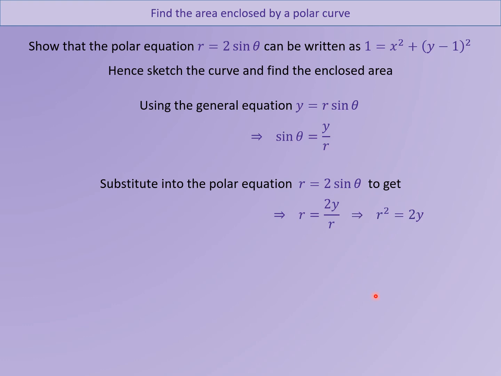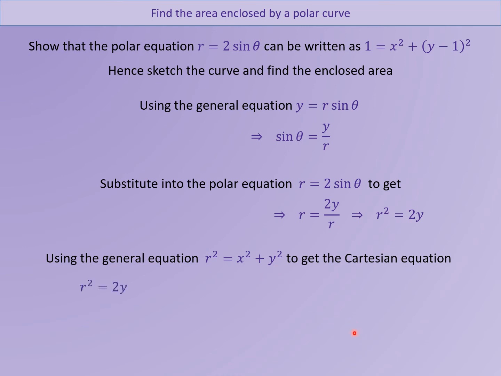I get r squared equals 2y. So that's what I could get in that side. And then from there, I know that r squared as well is x squared plus y squared. So because it's x squared plus y squared, I can replace this side for x squared plus y squared. And so then I could just rearrange this, and I'm going to get 0 equals x squared plus y squared minus 2y.